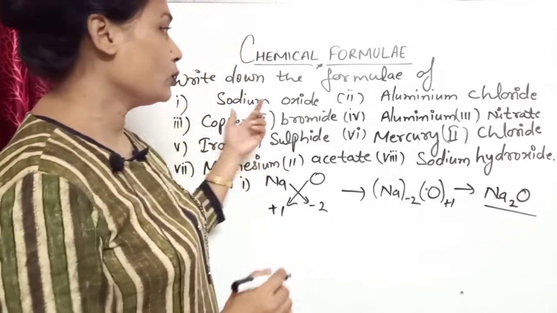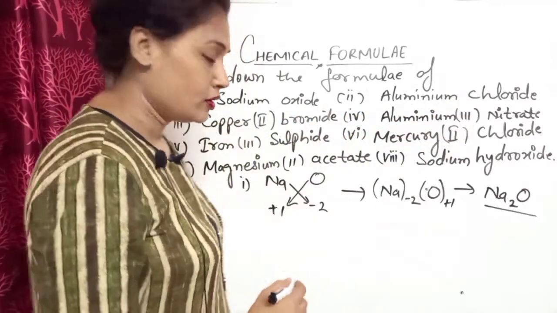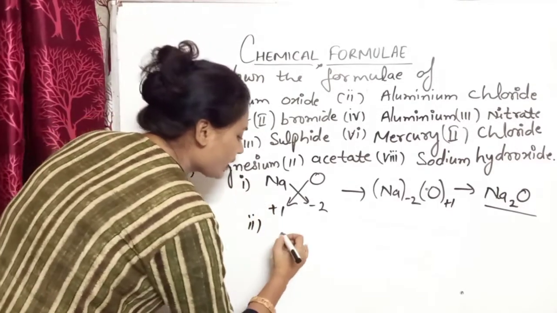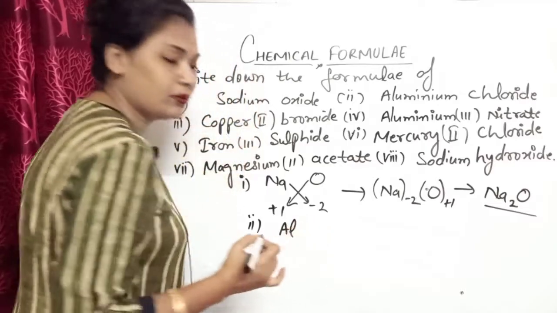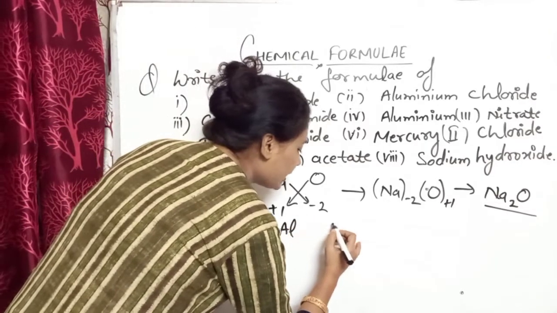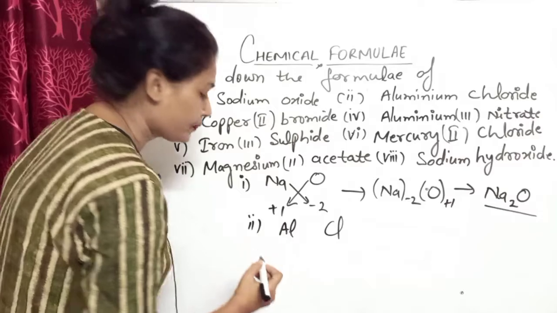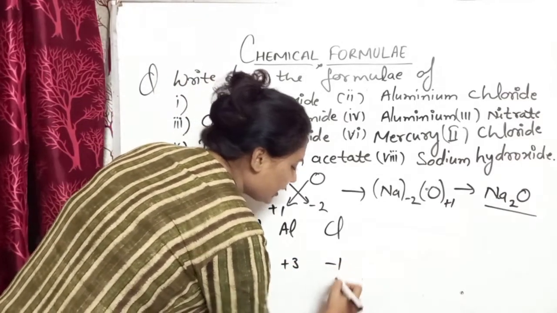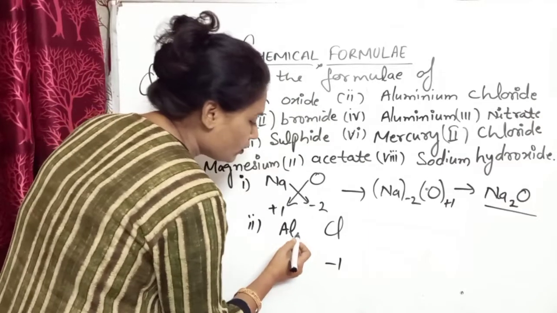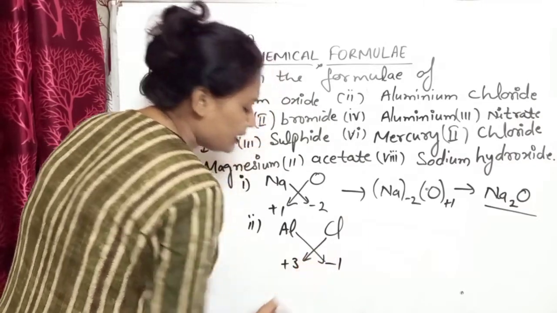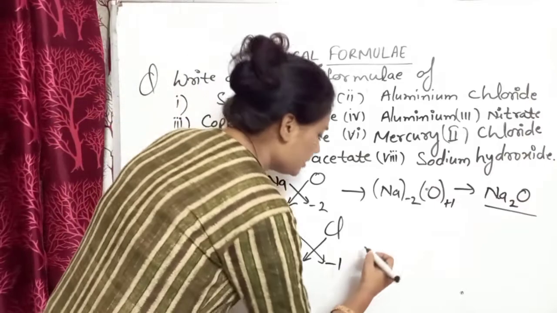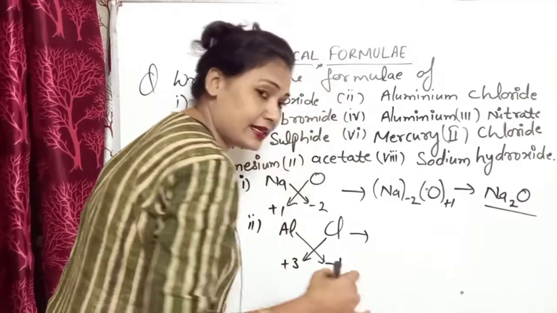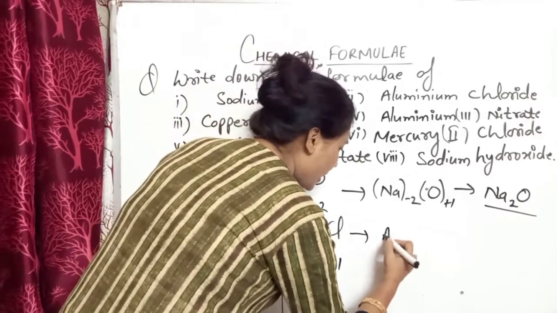Okay. Next formula is aluminium chloride. So you can write the formula of aluminium chloride. The aluminium symbol is Al and chloride, that is for chlorine, so Cl. Now the valency of aluminium is +3 and for chlorine it's -1. Now you can just cross over the valency, and the same way you should write that valency as a subscript by crossing it over.